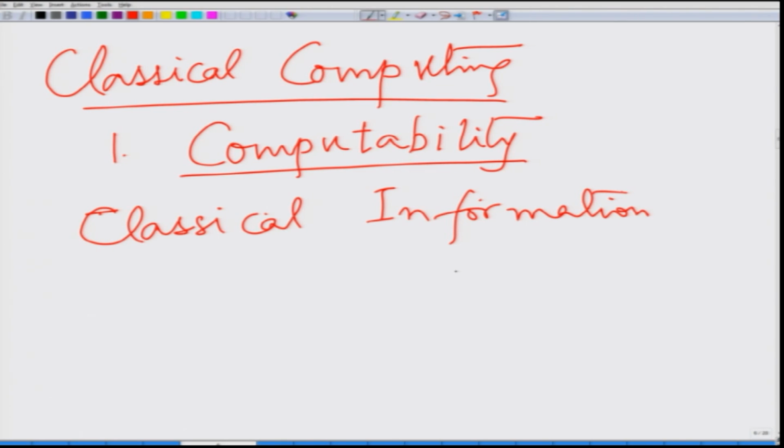As long as my information is a valid one, then we can start the process of computing. That is one point. So, my classical information should have a definition. The first point is to define information.